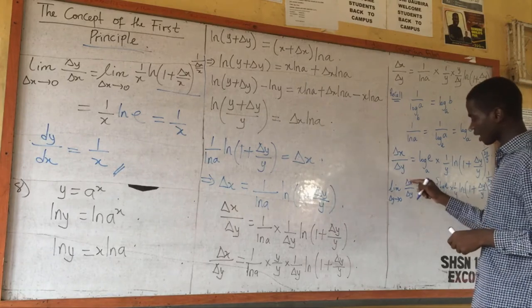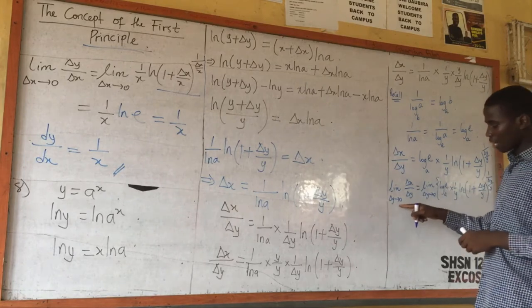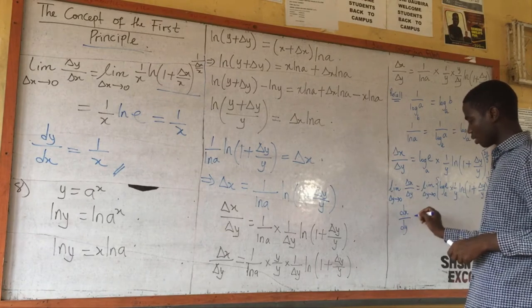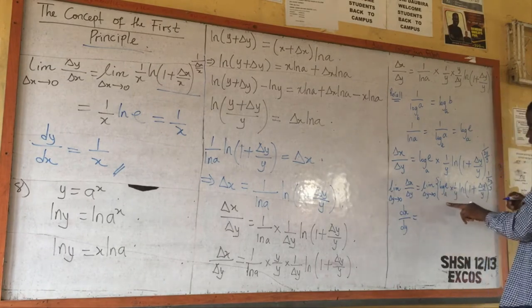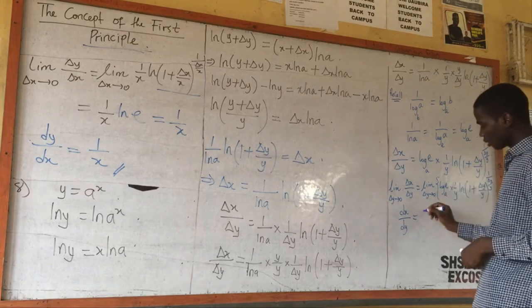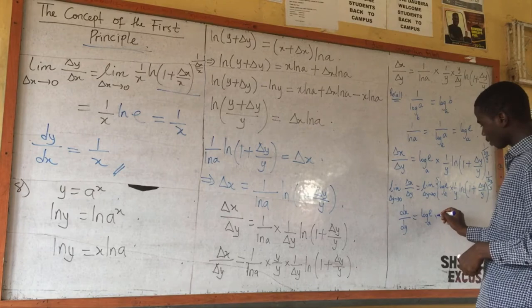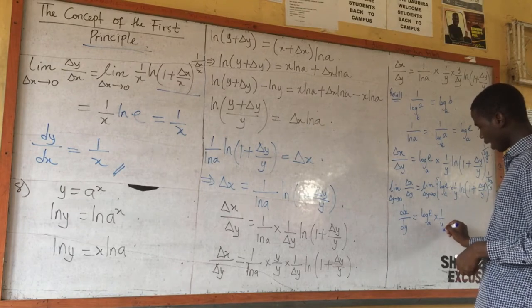Since I have delta s over delta y and delta y goes to 0, this will become ds dy. All this one does not have dy, so it can come out. This will become log e base a multiplied by 1 over y.